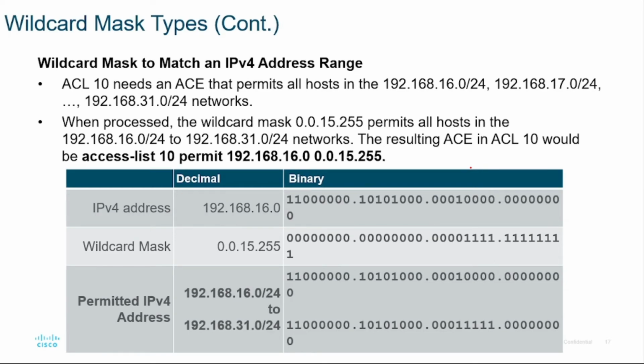So again, an example of wildcard mask to match an IP version 4 address range. So in this particular example, we are considering an address range. That means we need to permit the host .16, .17 up to .31/24.